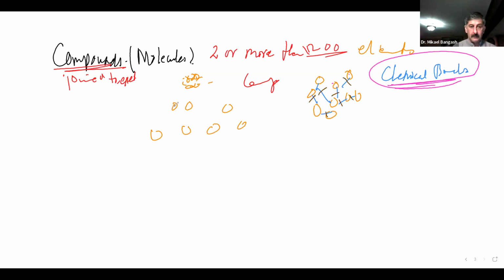Some of these elements may join with elements from another compound to form new compounds. Did that make sense?